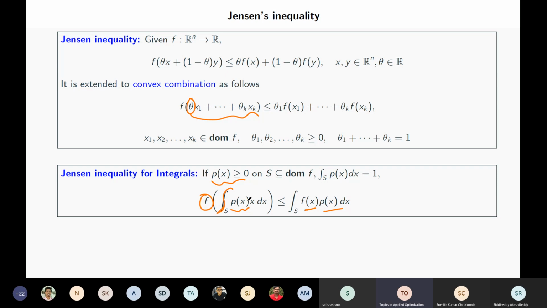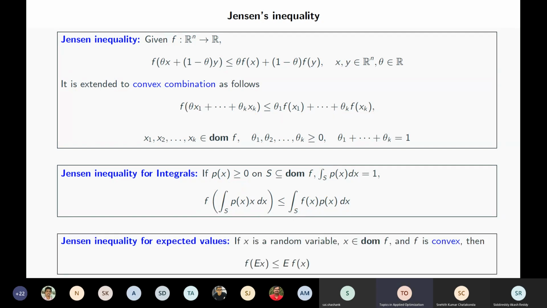Inside the integral you have f(x) and then the weights, which are the theta i's, so which are these p(x). These are the weights. So this is Jensen's inequality for integrals.